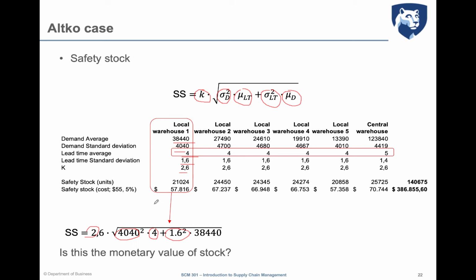Remember that when you calculate the value of the stock, you calculate it by multiplying with the unitary cost of the stock of $55. If you want the inventory keeping cost, you need to apply to this the 5% percentage, which is the cost of keeping inventory. And you do that for all the points.